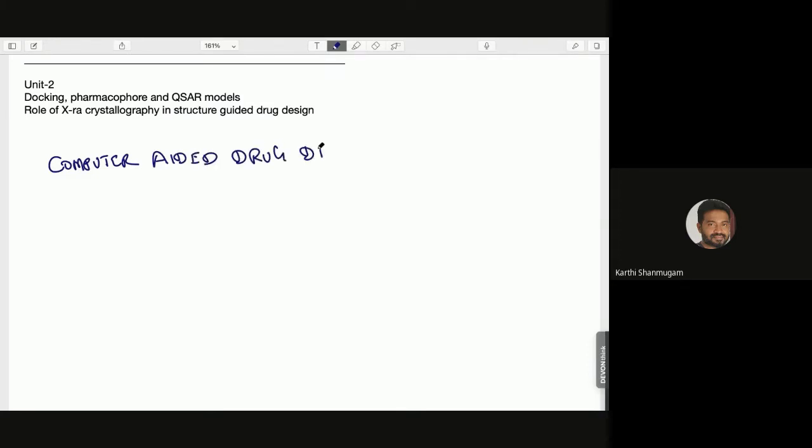I hope a few of you attended the workshop conducted by Schrodinger and Sastra, right? So the primary talk by different people in that workshop, I hope that is from computer aided drug design called as CAD.